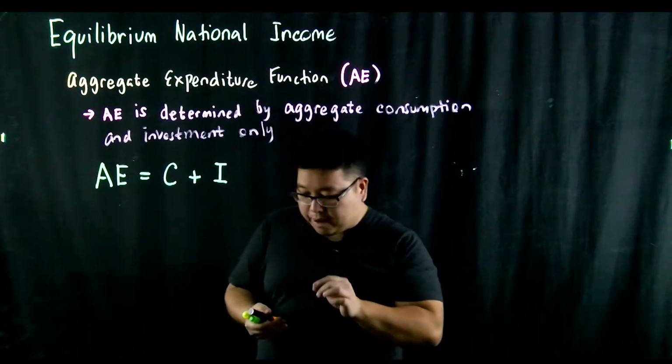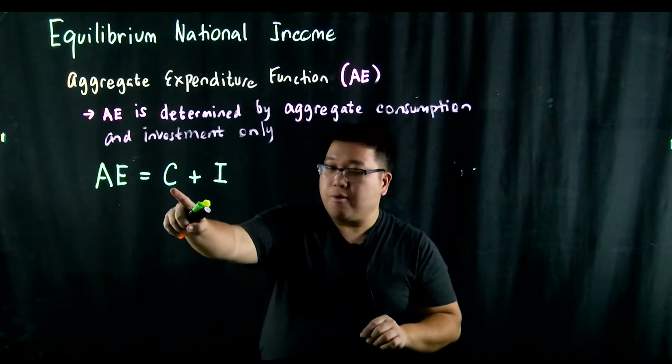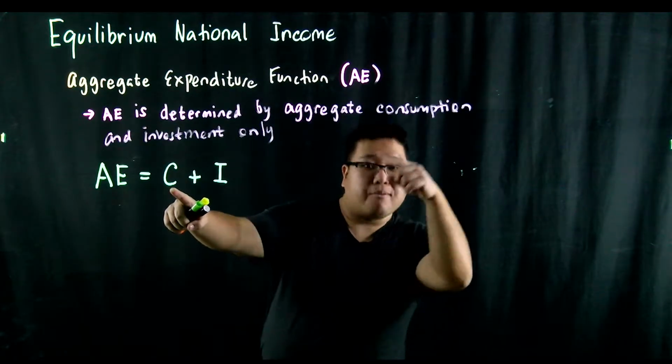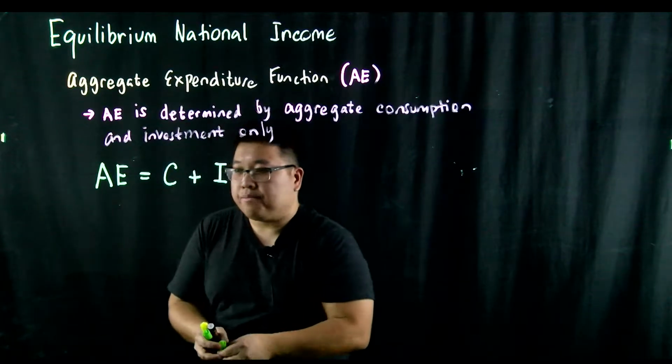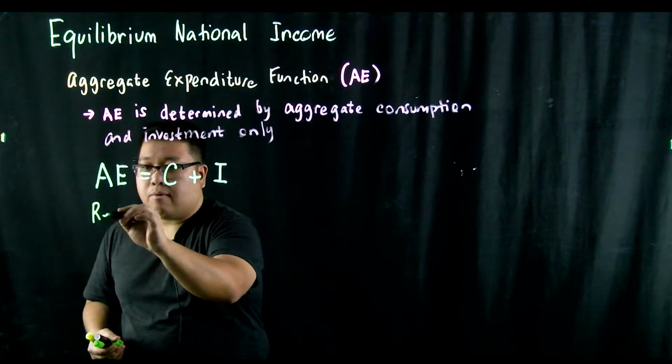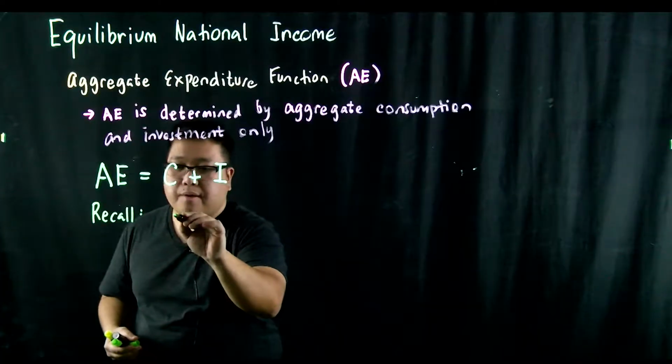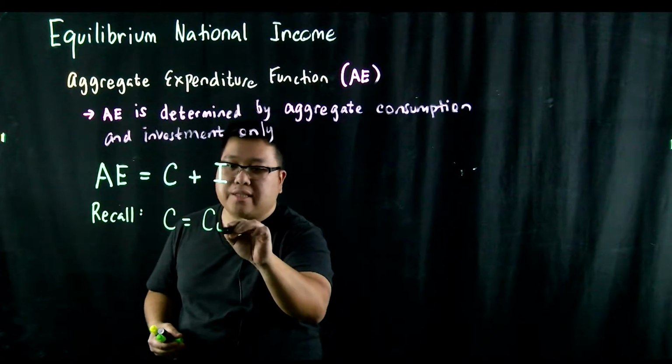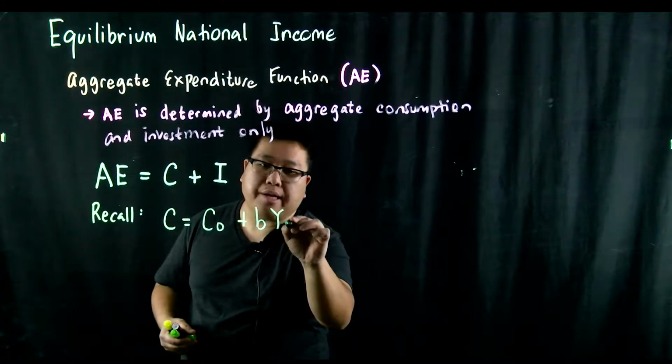So what I'm going to do is the following. I'm going to write our consumption function from the previous video. So recall that our C is equal to C sub 0 plus BYD.